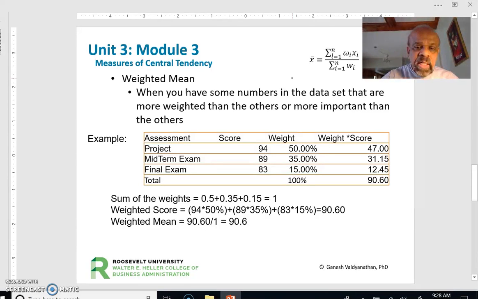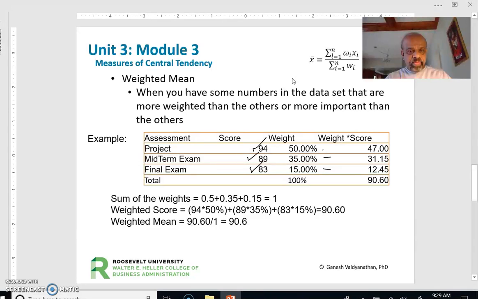And I get 94 in my project, 89 in my midterm, and 83 in my final. But I've also put weights on it. So the instructor has put a weight of 50% for the project, 35% for the midterm, and 15% for the final. Okay? So when I place these weights, how do I find the mean?